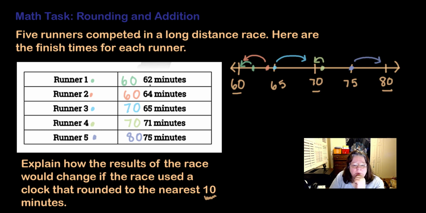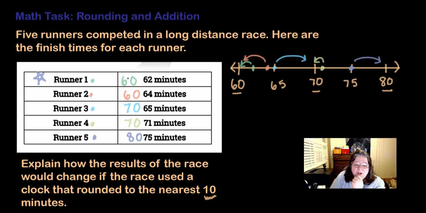Well, these are in order, 62, 64, 65, 71, 75. So the winner would be the one with the lowest minutes. So if we're counting actual minutes, runner 1 is the winner. But what if we go by rounded minutes? Who is the winner?